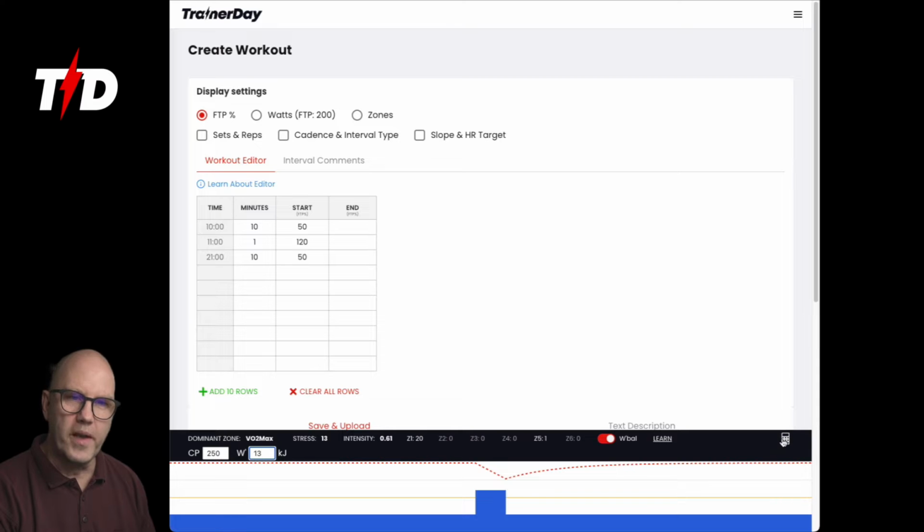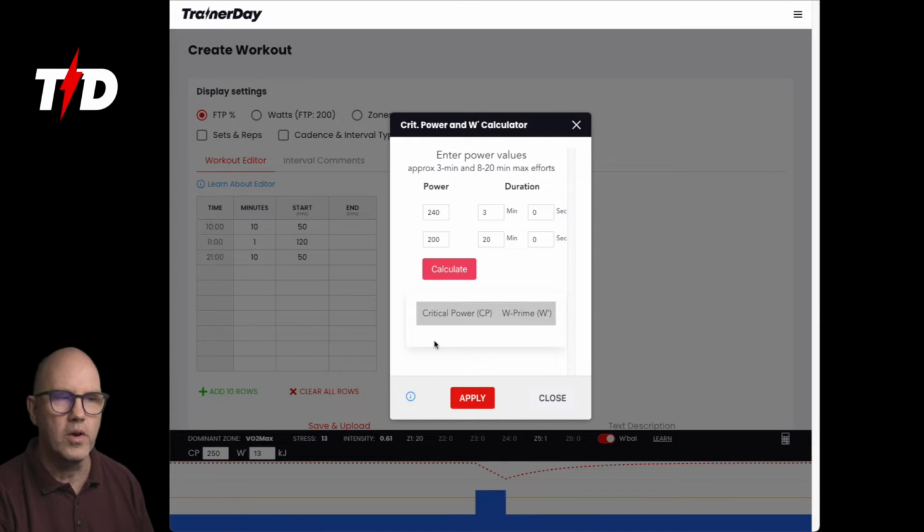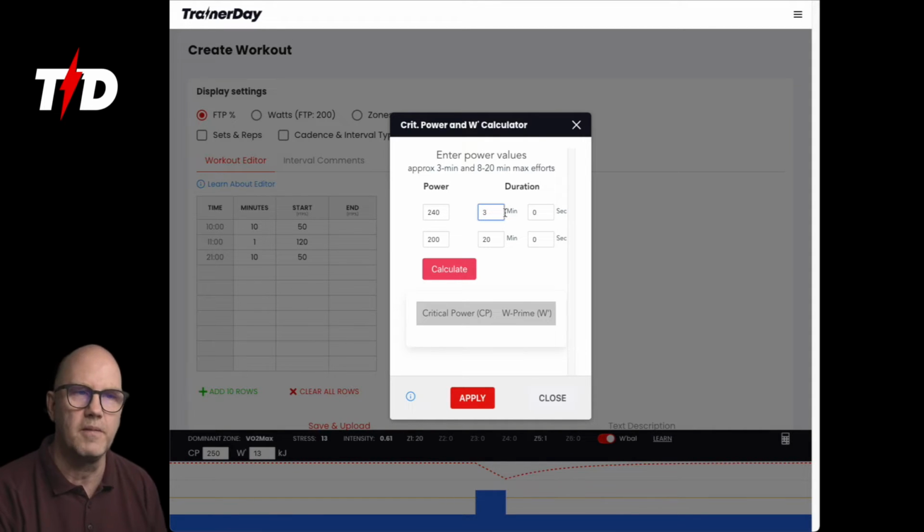For W prime, you start out by using this calculator. If you know your critical power and your W prime, you don't need to, but otherwise you do a test: go as hard as you can for 3 minutes, though it could be 2 or 4 minutes.